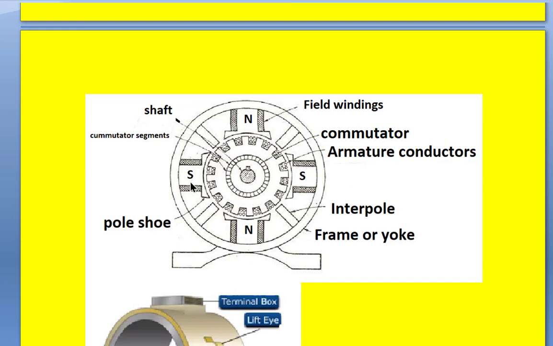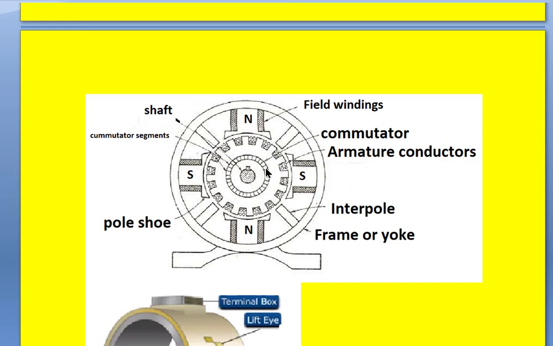So here this is the field core and this is the armature, and in these slots armature conductors are placed in specific way, that may be lap winding or wave winding. And this is the shaft.